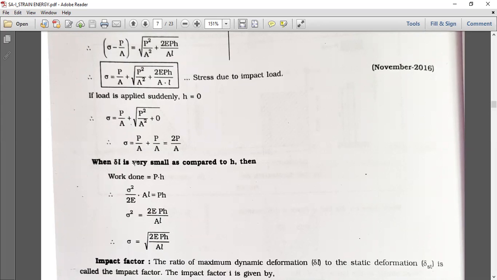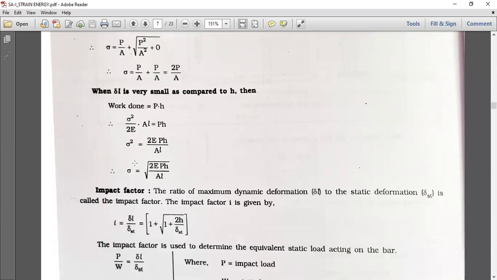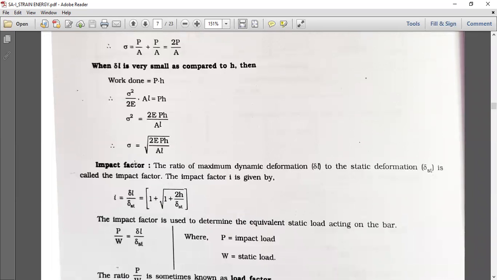That's why sigma square is equal to 2EPH upon AL. Removing the square, the final equation is sigma is equal to under root of 2EPH upon AL.